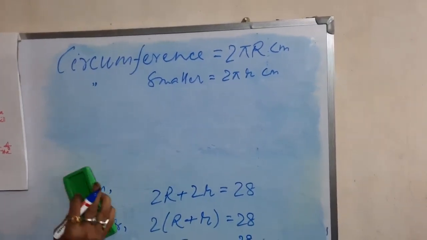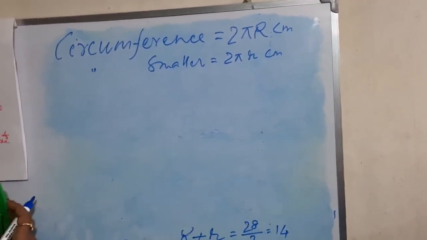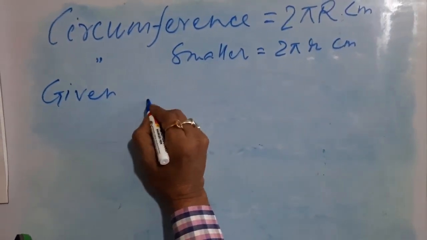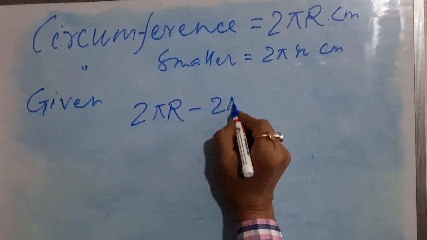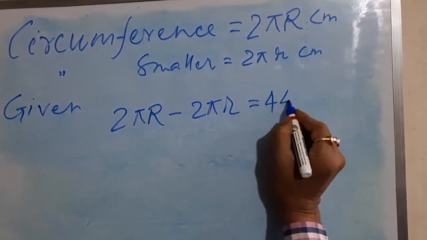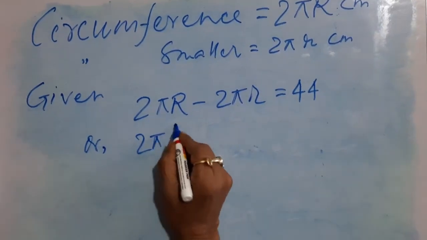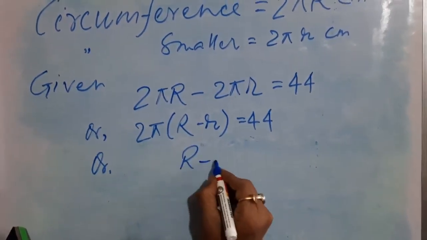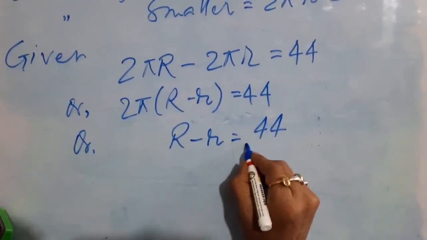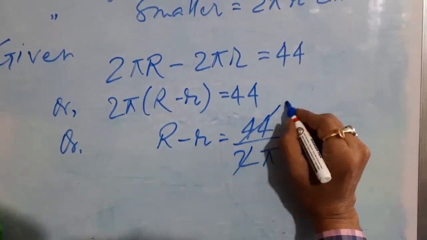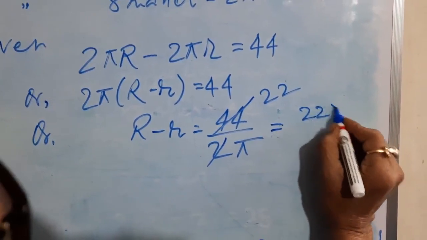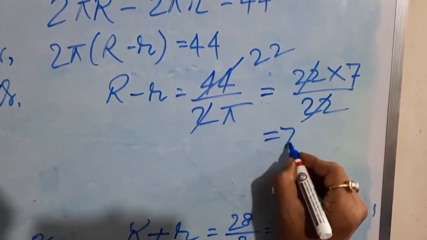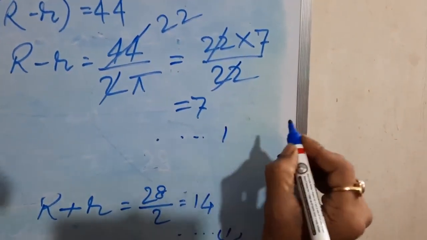It is given that 2 pi capital R minus 2 pi small r is equal to 44, or 2 pi common, or R minus r is equal to 44 divided by 2 pi, which is 44 into 7 divided by 2 into 22, which is equal to 7. This is equation 2.